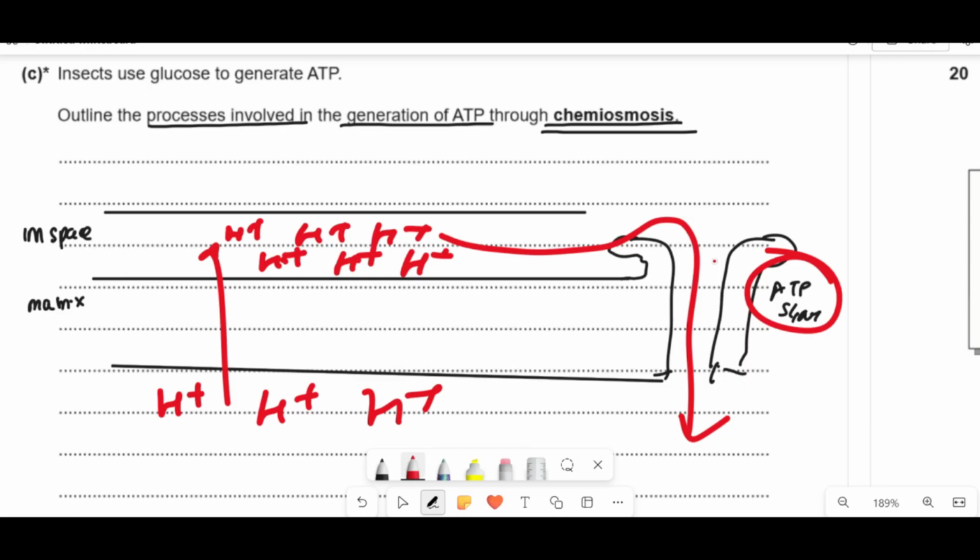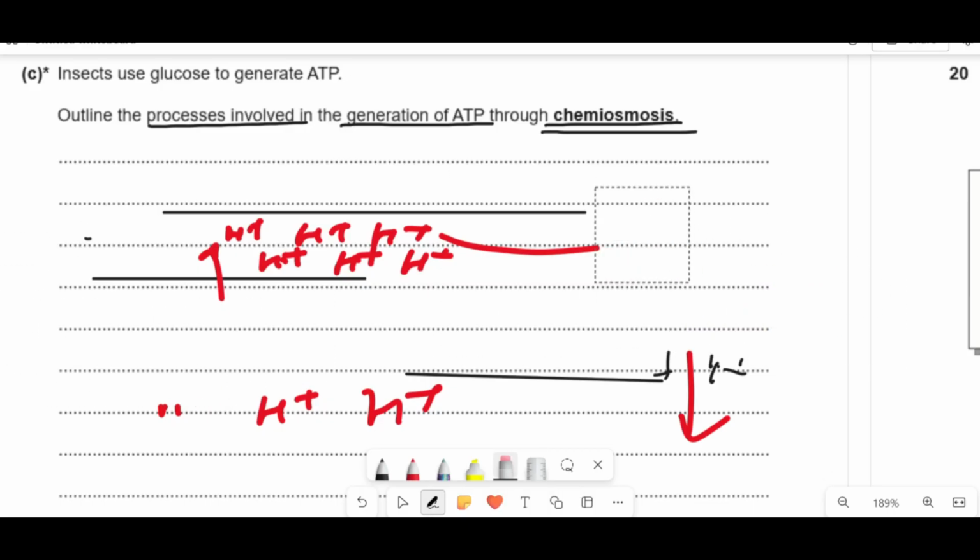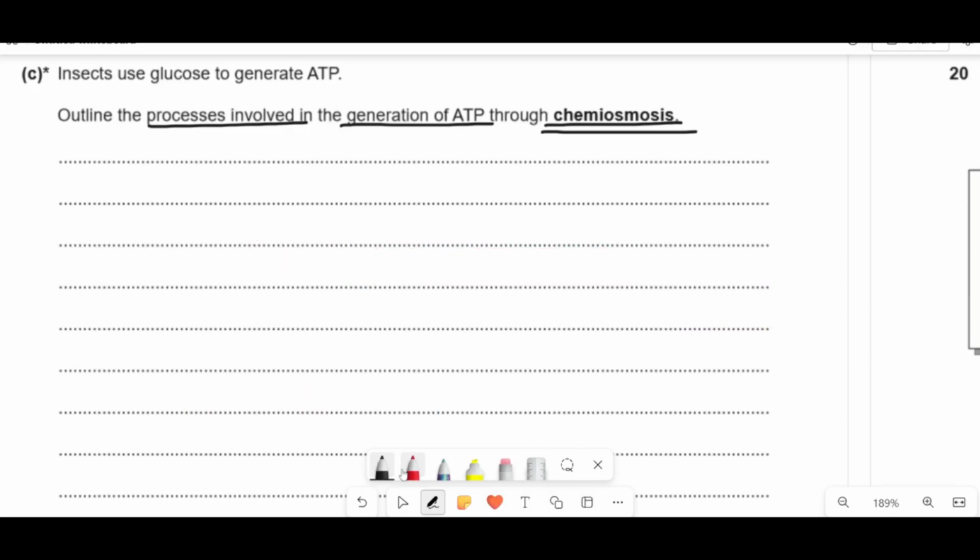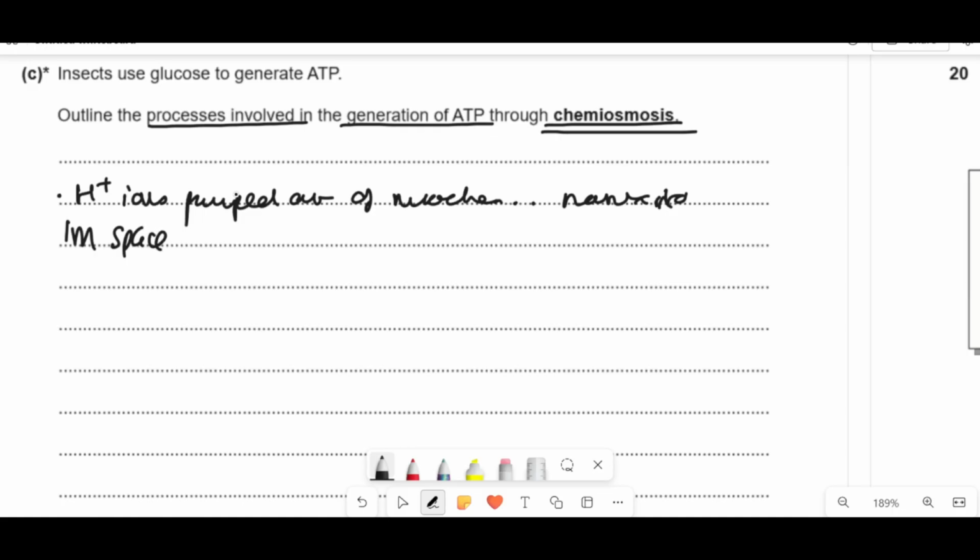So what we need to do is describe these steps essentially. So H plus ions are pumped out of the mitochondrial matrix into the intermembrane space, right? Then what happens is this creates a concentration gradient, higher in the intermembrane space versus the matrix.